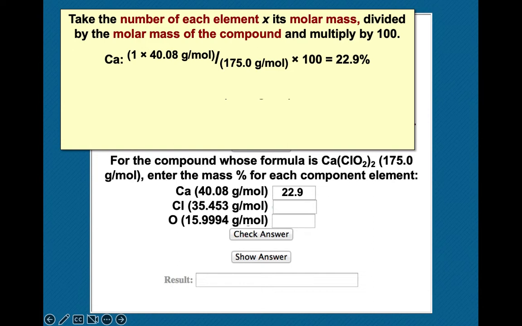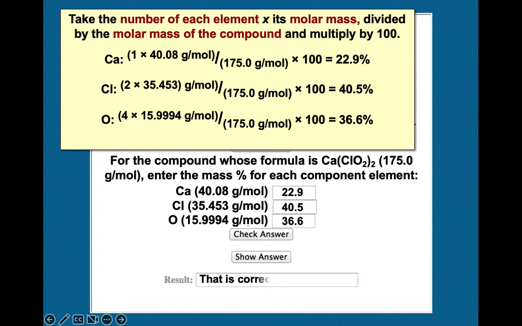Chlorine, we have 1, 2 chlorines. 2 times 35 divided by 175, 40%. We have 1, 2, 3, 4 oxygens. 4 times 16 divided by 175, 36%.